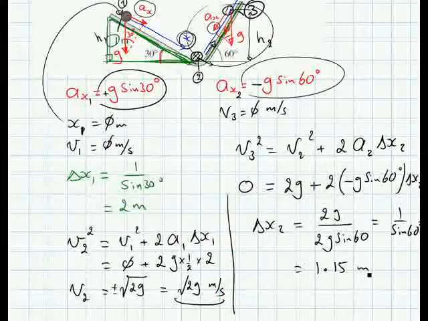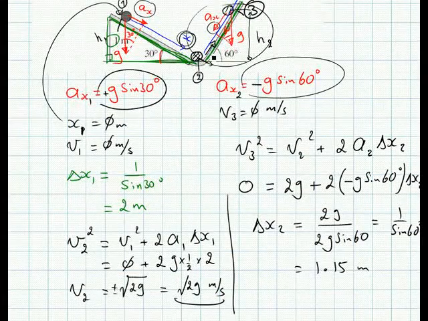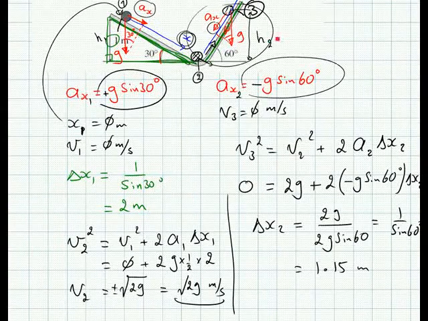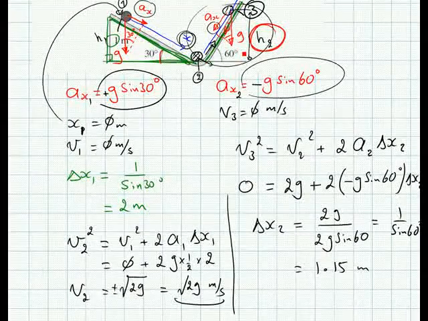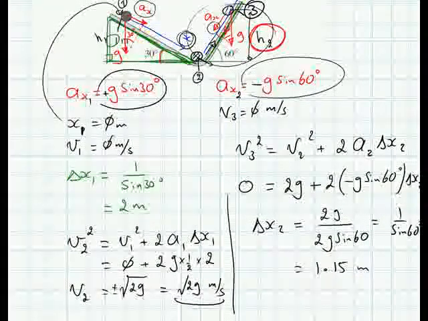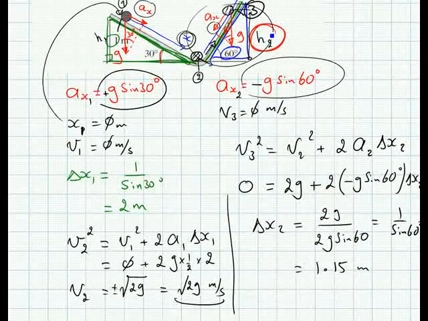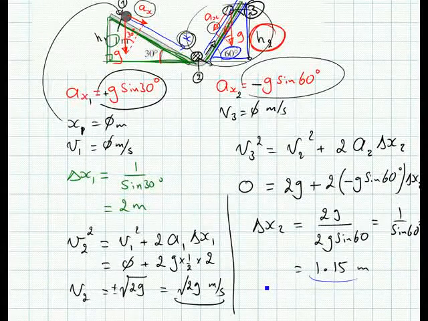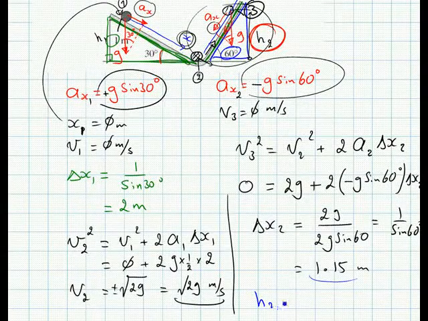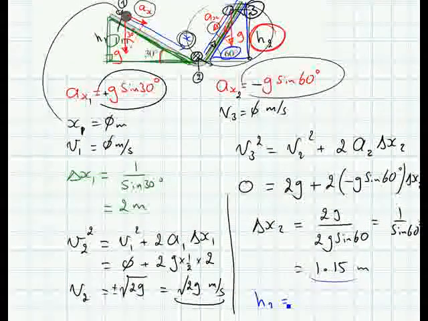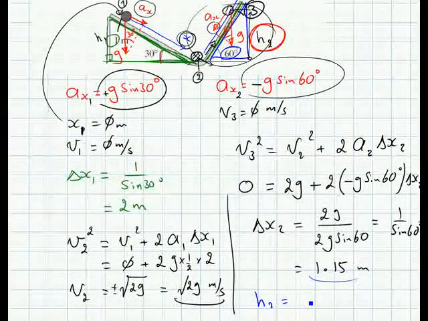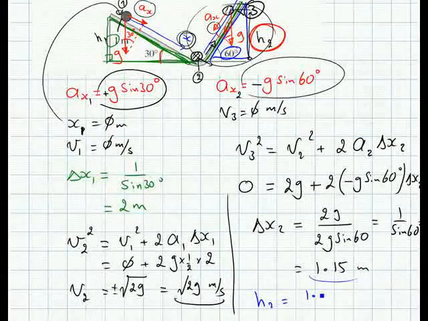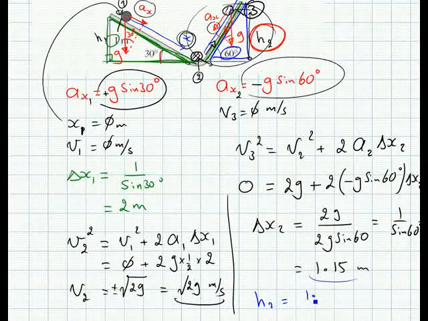So that's the displacement that the object goes through going up the ramp, but the question asked for h2, how high. So once again, let's look at this blue triangle. Up here we have a 60-degree angle, the opposite side is h2, and the hypotenuse is 1.15 meters.